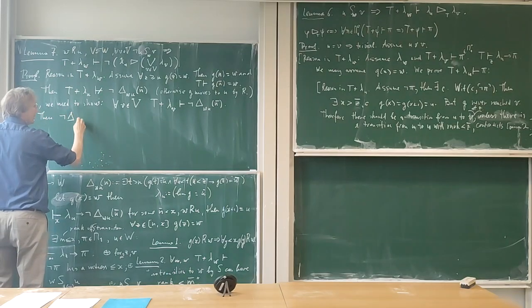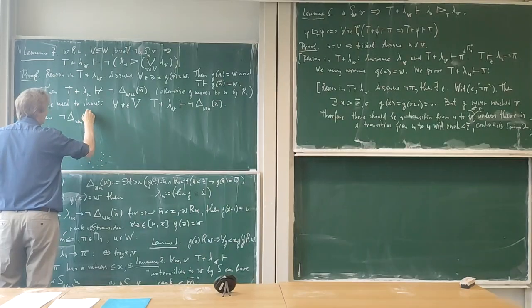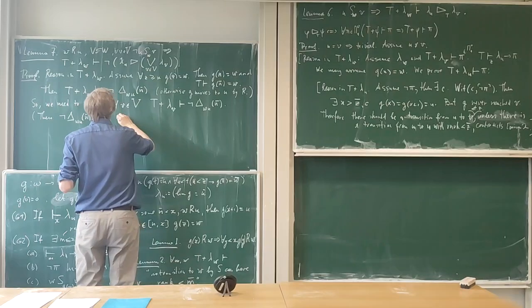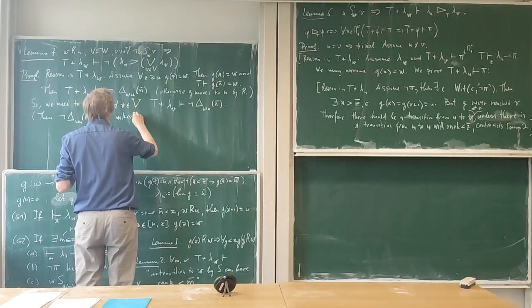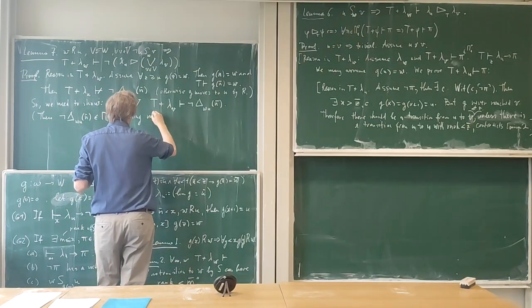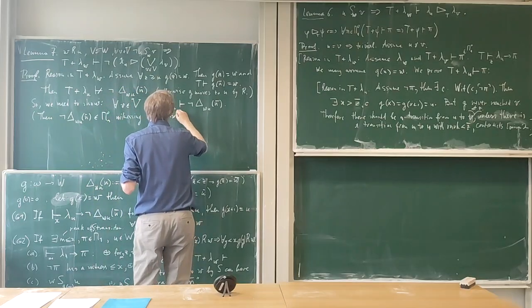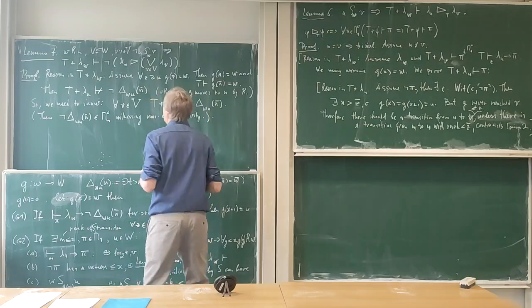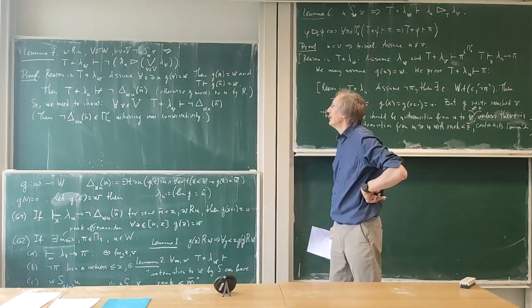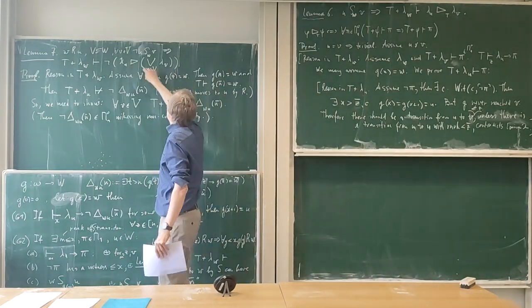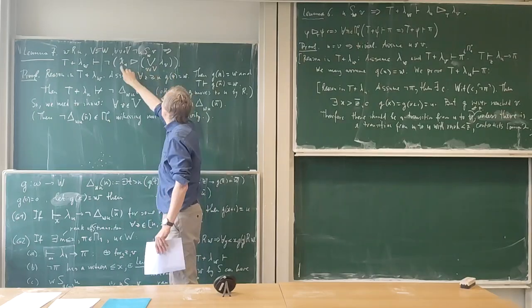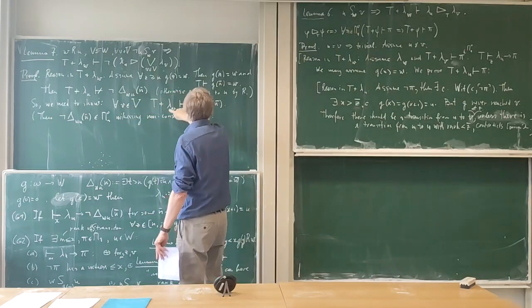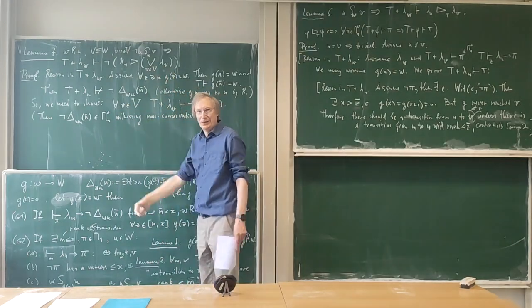Not delta of W of n is the pi01 statement witnessing non-conservativity. Because this means that there exists a certain pi1 statement which is provable here but not provable here. So we have found something which is not provable here and need to show that it is in fact provable there. And then we are done.